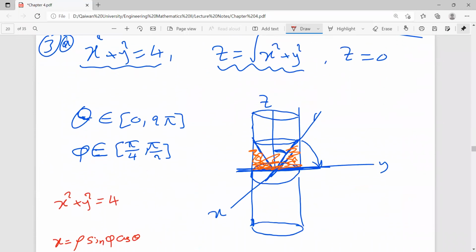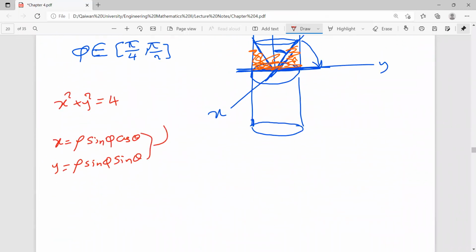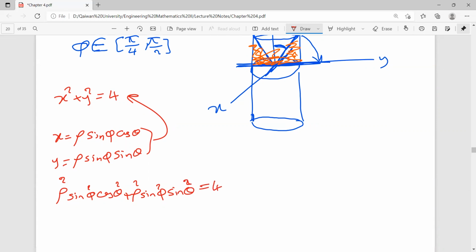Now we replace x and y into the above equation. X squared plus y squared becomes rho squared sine squared phi cosine squared theta plus rho squared sine squared phi sine squared theta, and this equals 4.